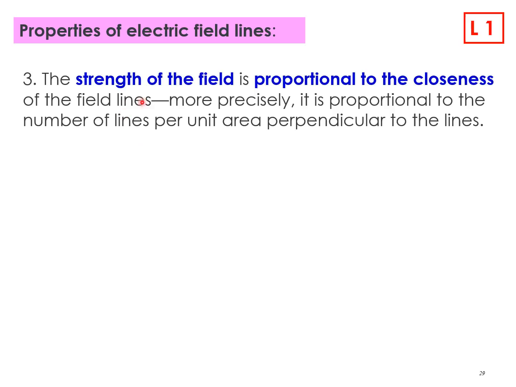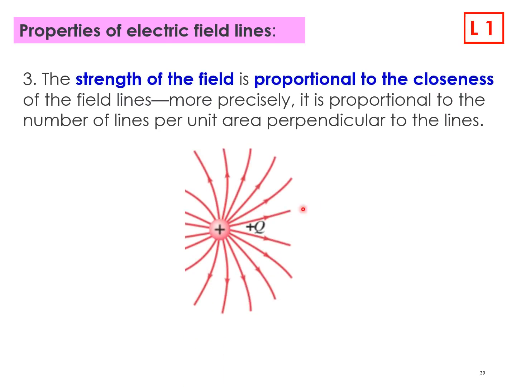For the third property, the strength of the electric field is proportional to the closeness of the lines. Here, the example I just put apart from the charge is a positive charge. Around the charge, we have an electric field represented by electric field lines.